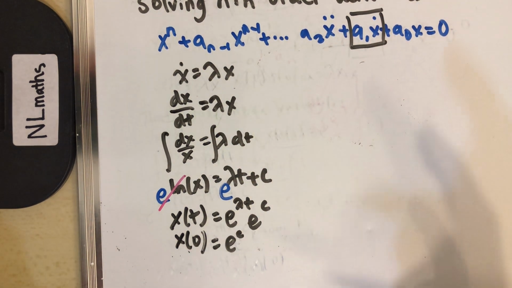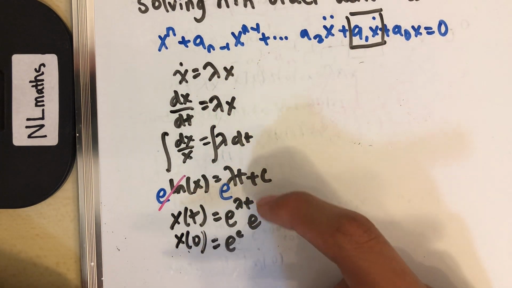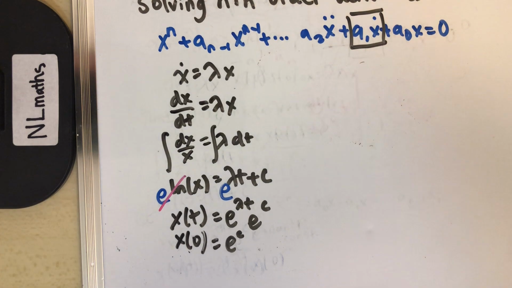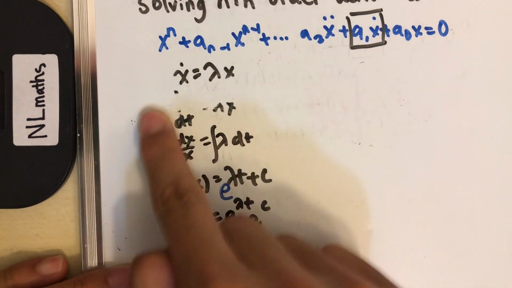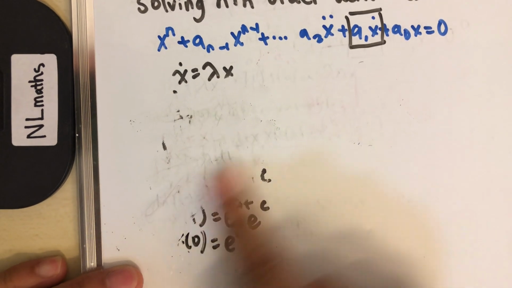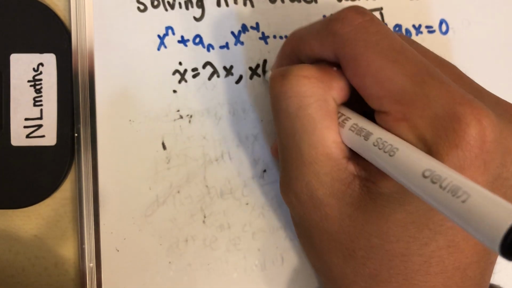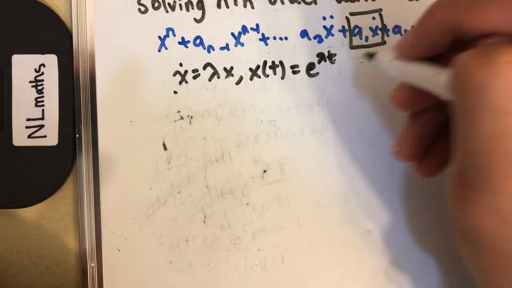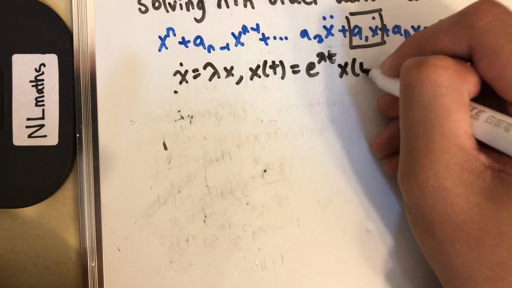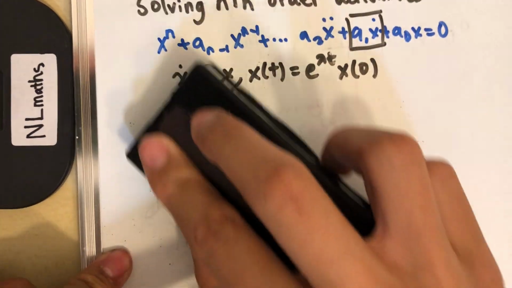So then we have the final answer, x of t is equal to e to the lambda t times x of 0. So I'm going to write this out. For this equation, x of t equals e to the lambda t times x naught. So that's the answer to this particular differential equation with the first derivative.